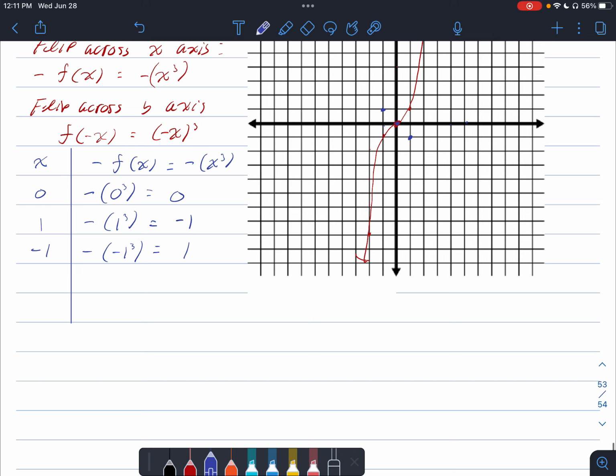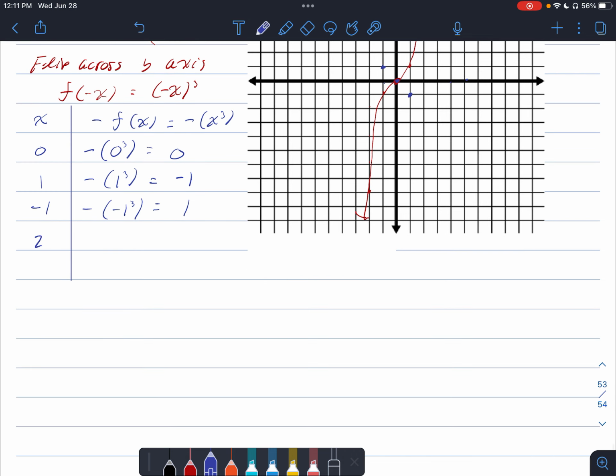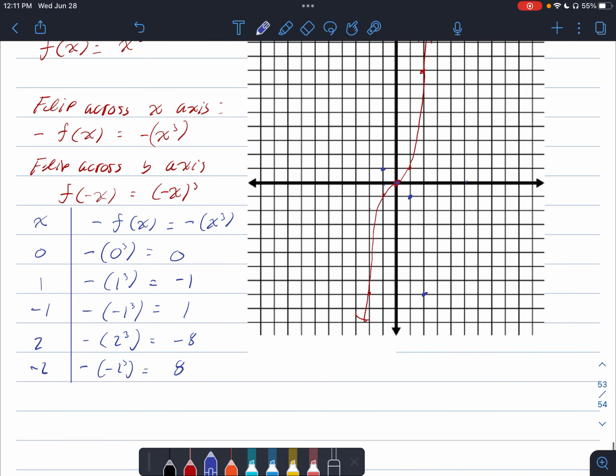If we do 2, we'll get negative 2 cubed, and 2 cubed is 8, so we're going to get negative 8. Okay, and then predictably, negative 2 will give us negative negative 2 cubed, where negative 2 cubed is negative 8, so negative negative 8. So we'll get positive 8. So that's going to go here.